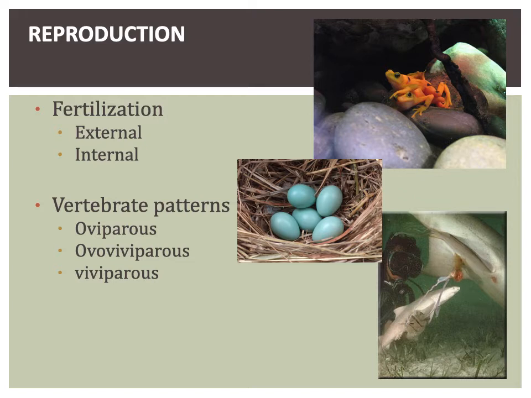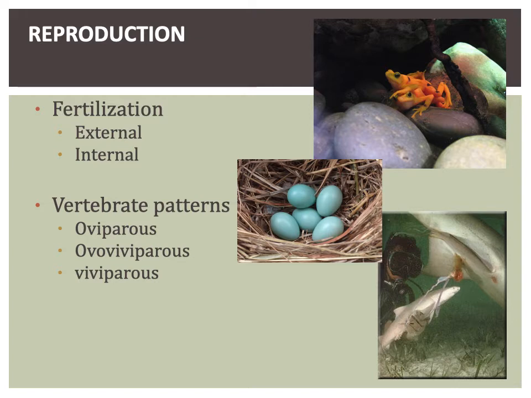So first, let me explain the first one, oviparous. Oviparous is basically an egg-laying organism. These patterns of reproduction are distinguished by where the embryo develops and how the embryo receives its nourishment.